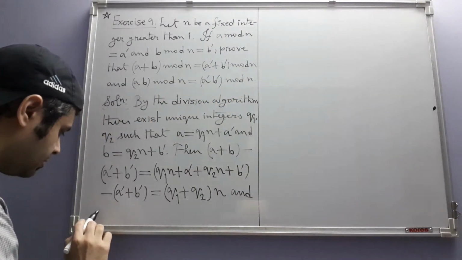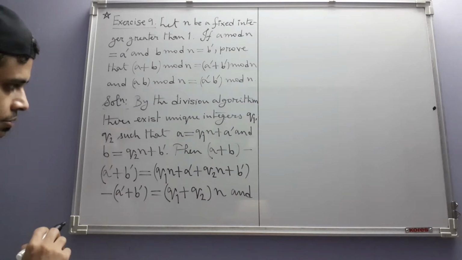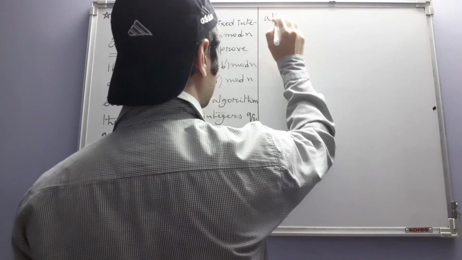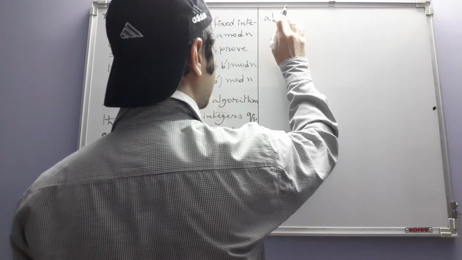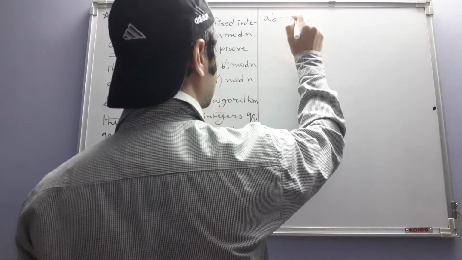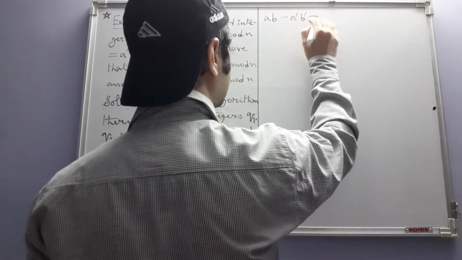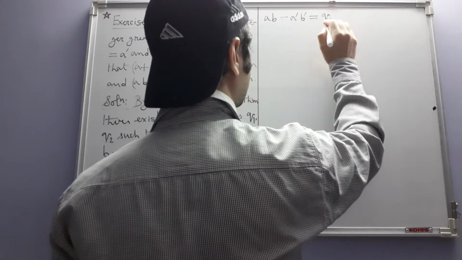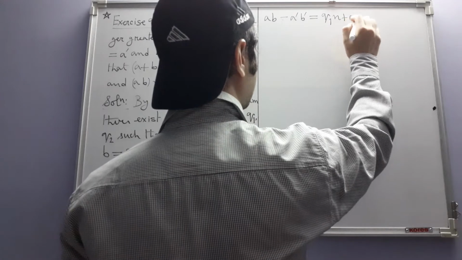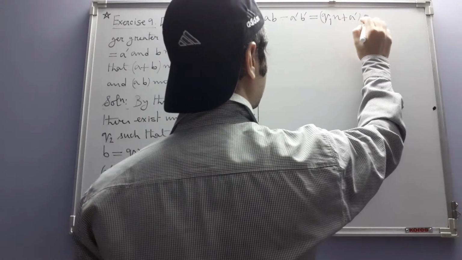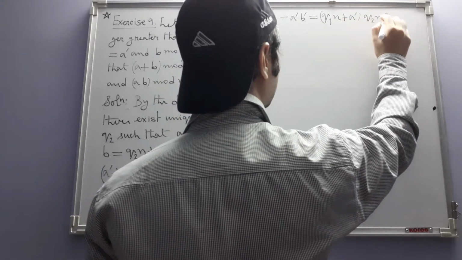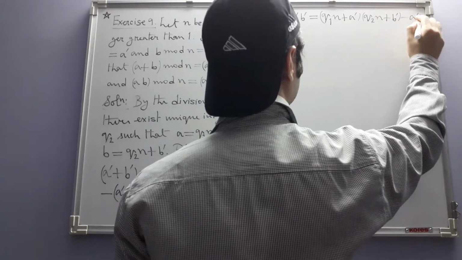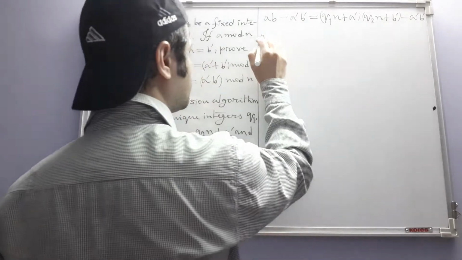I think I can write here itself. Will it look bad? Let me write it here. So ab minus a prime b prime is equal to q1n plus a prime times q2n plus b prime minus a prime b prime.